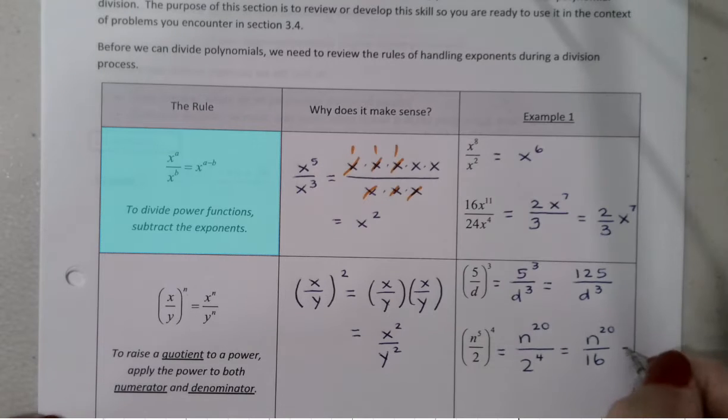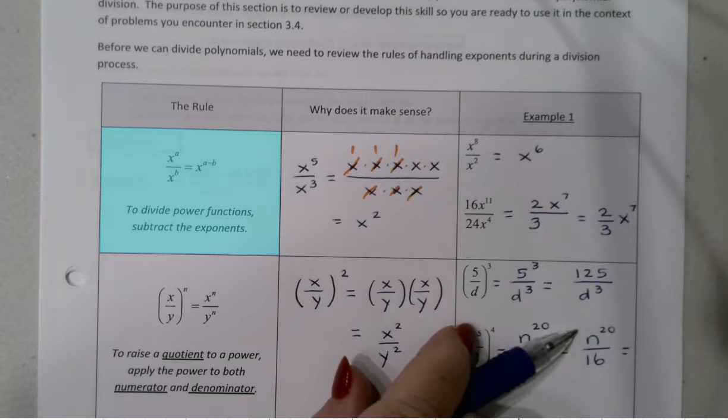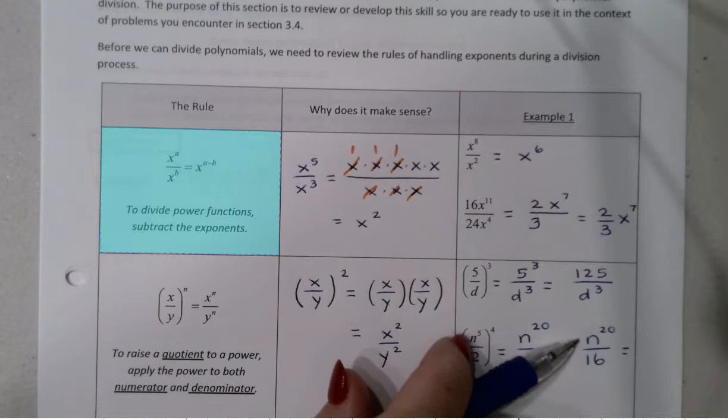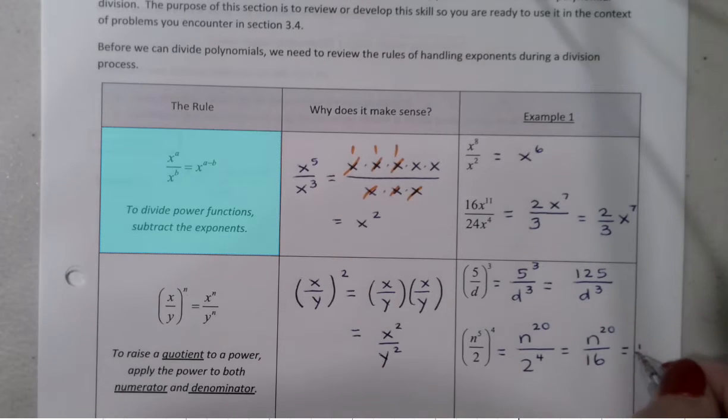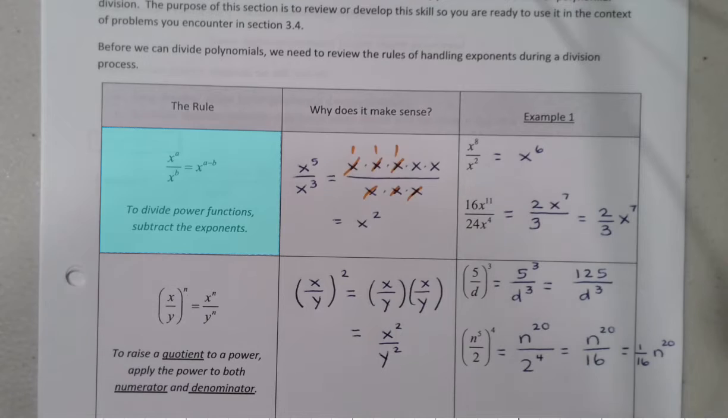This is another one that can be written another way. If you think about the fact that the coefficient in the numerator is really 1, if I wanted to, I could write this as 1/16 n to the 20th. And then it looks a little more traditionally like a coefficient times the power of my variable. But again, they mean the exact same thing.